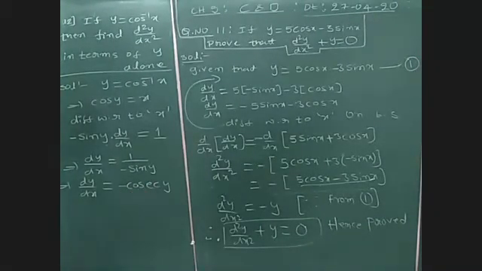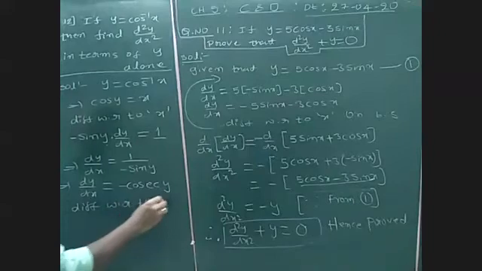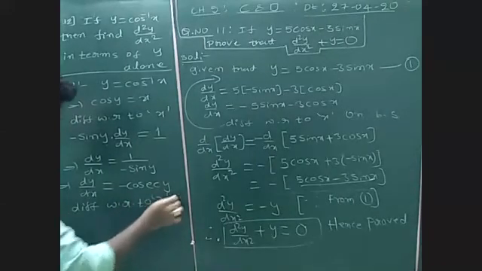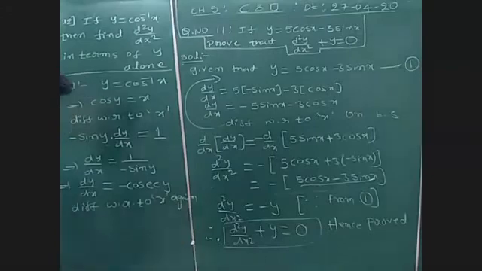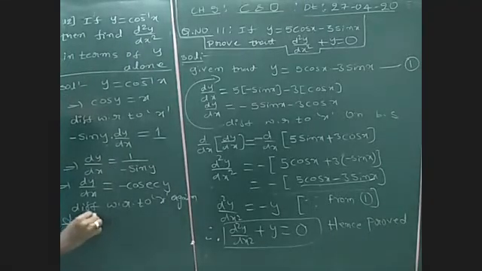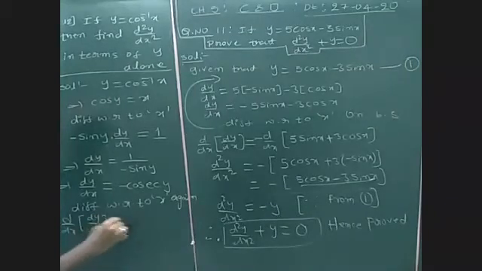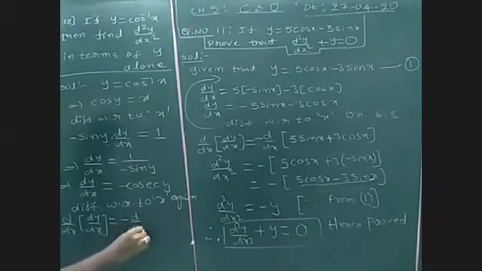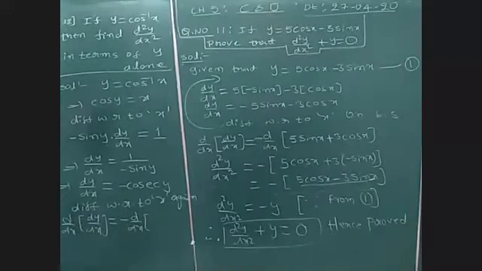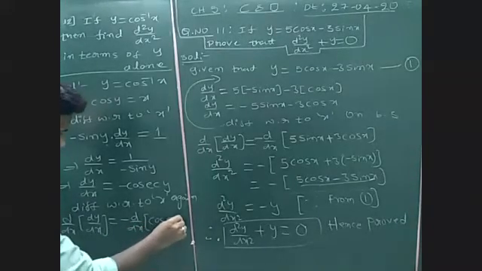Now you can differentiate again with respect to x, because in the given question we need to find this. So d by dx of dy by dx is equal to minus of d by dx of cosecant y.